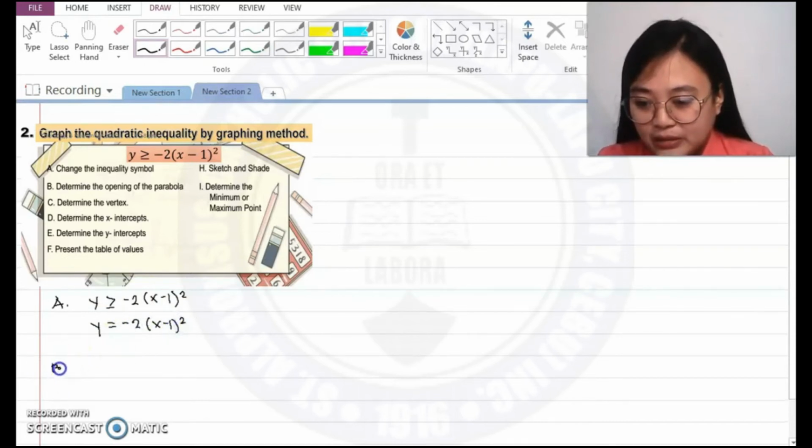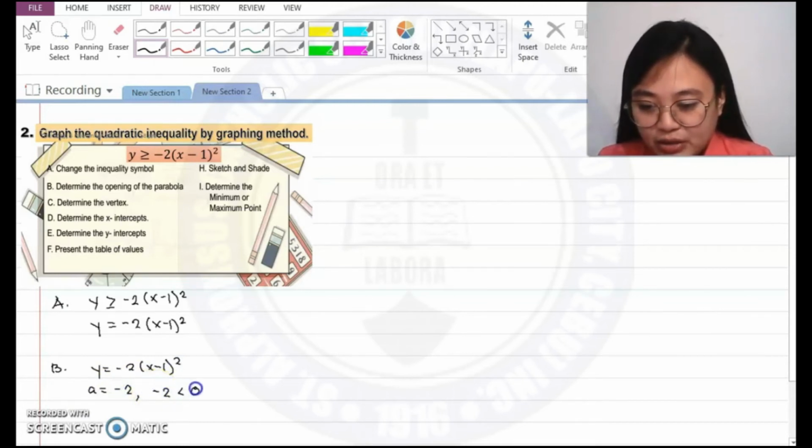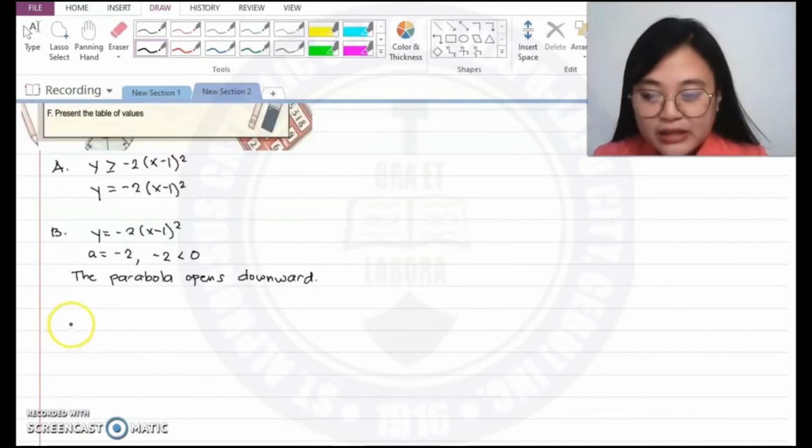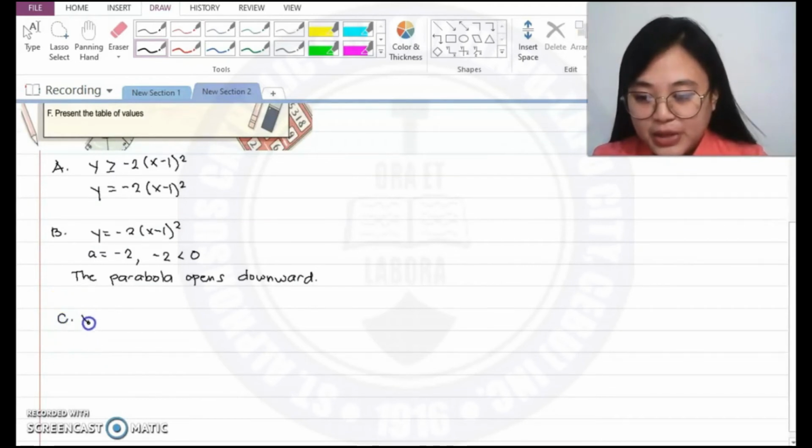For letter B, determine the opening of the parabola. In y equals -2(x - 1) squared, the A there is -2, and since -2 is less than 0, the parabola opens downward. It is easy to determine the vertex for letter C because the given is in vertex form.